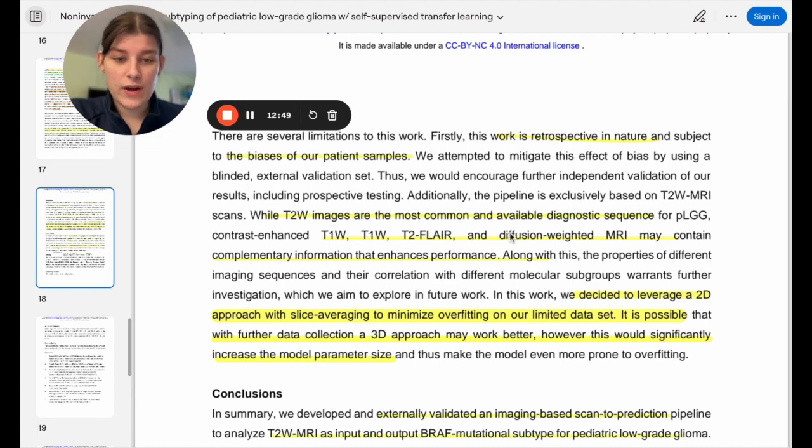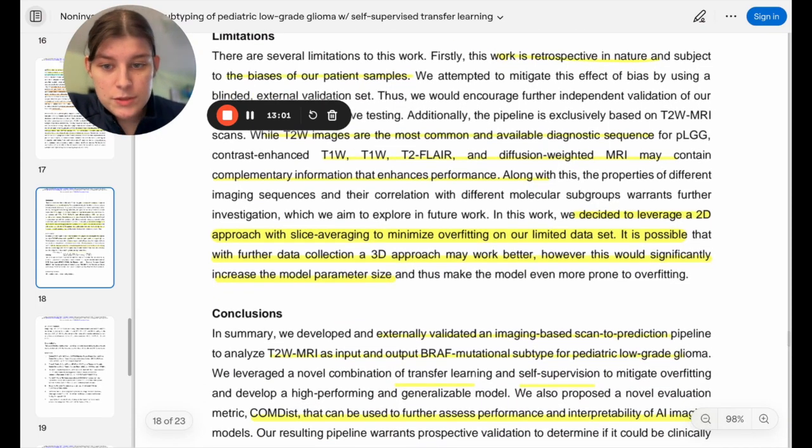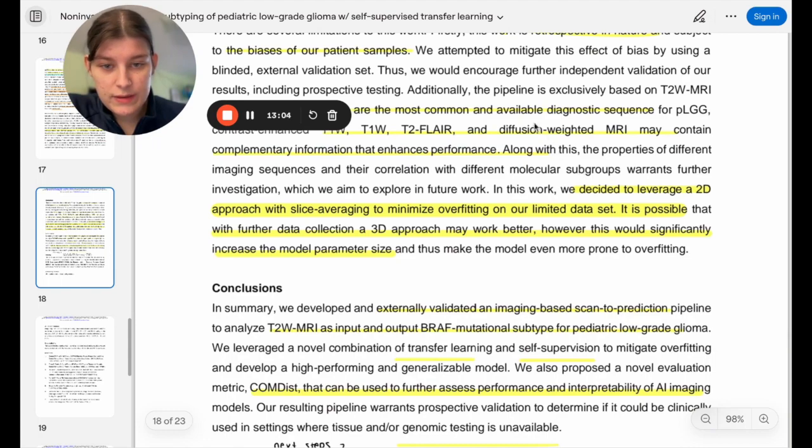But so far, the only available diagnostic sequence for pediatric low-grade gliomas was the T2 weighted images. So this could be another option to look into further, seeing how this could apply to gliomas in non-pediatric patient populations, to see if those diagnostic sequences are more readily available.